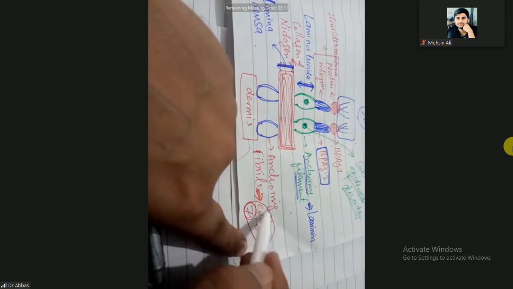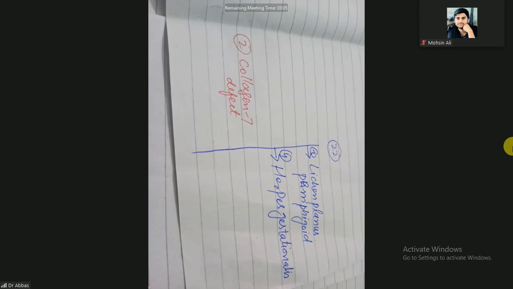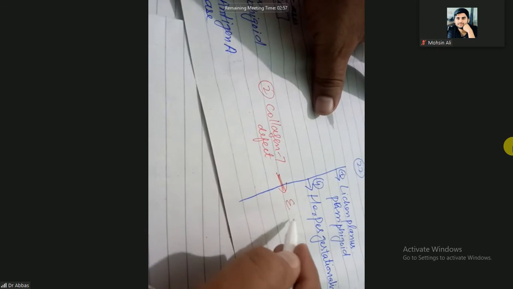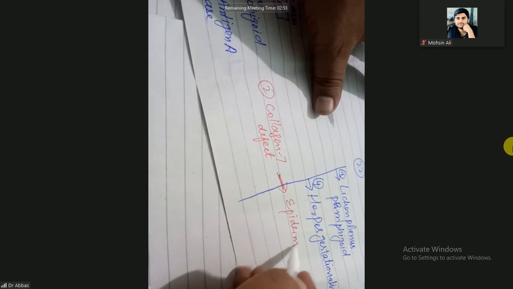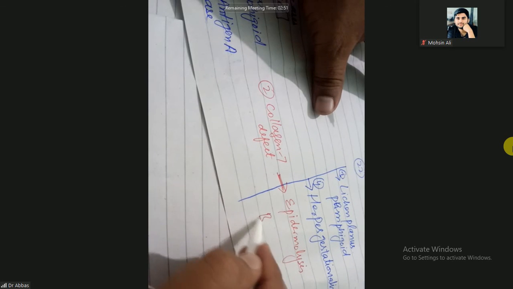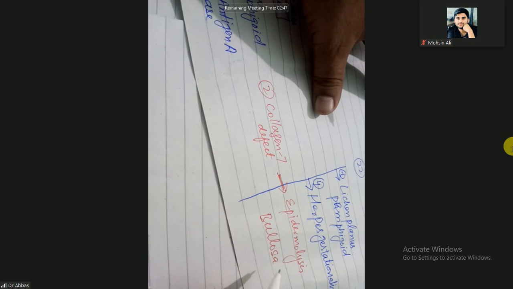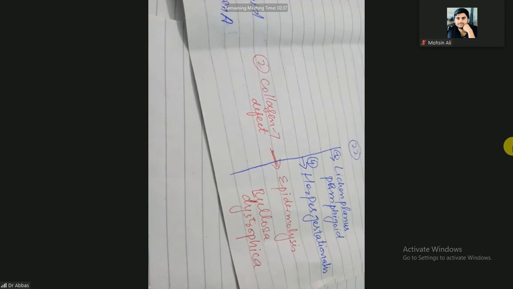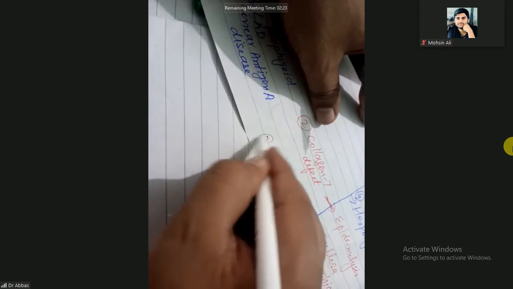When there is a collagen 7 defect, the name of the disease is epidermolysis bullosa dystrophica. Dystrophica means scarring. It will make a scar. Clear?